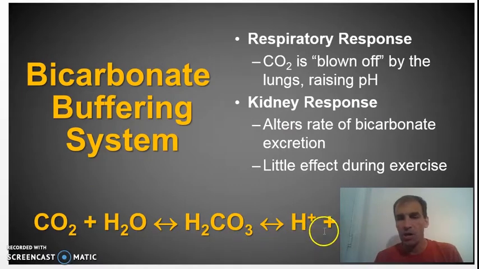One of the things we know is that when we have hydrogen ions, one of the ways to buffer these, which we'll talk about a little later, is through a reaction with carbonic anhydrase to produce CO2 and also water. So if we have a lot of hydrogen ions, we can buffer those, and the byproduct of that is CO2, which we breathe out.